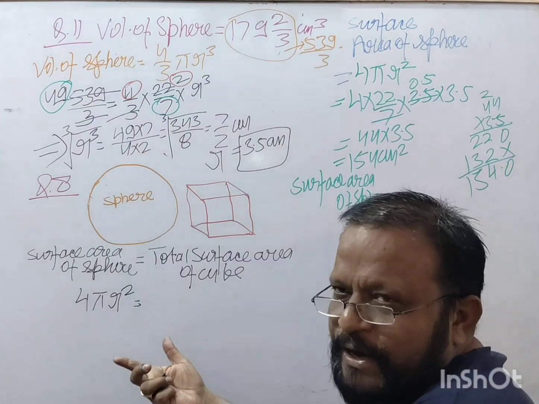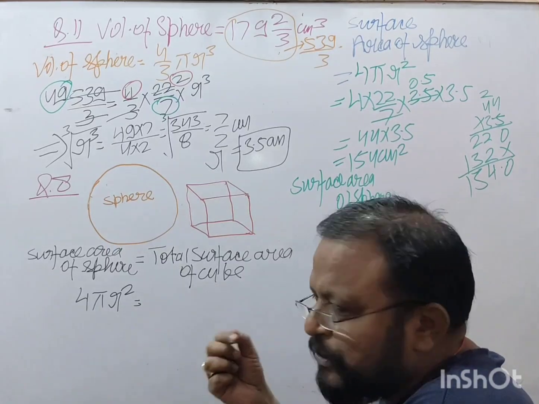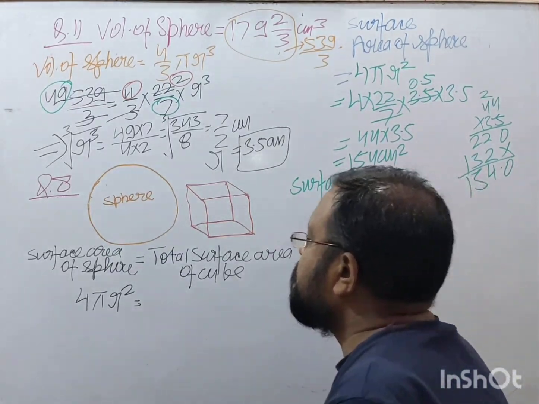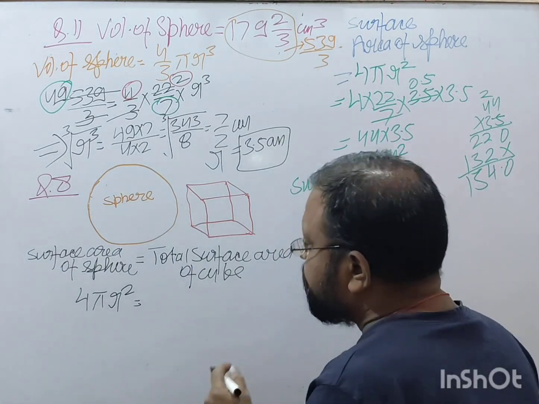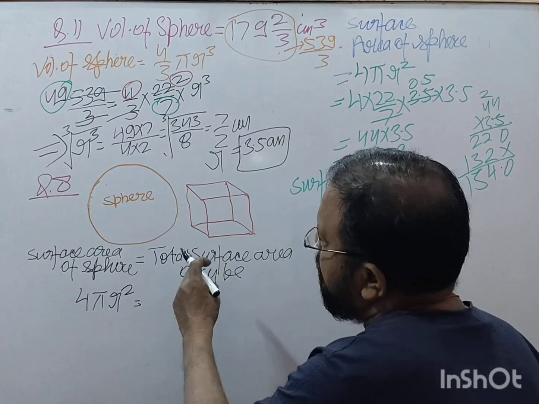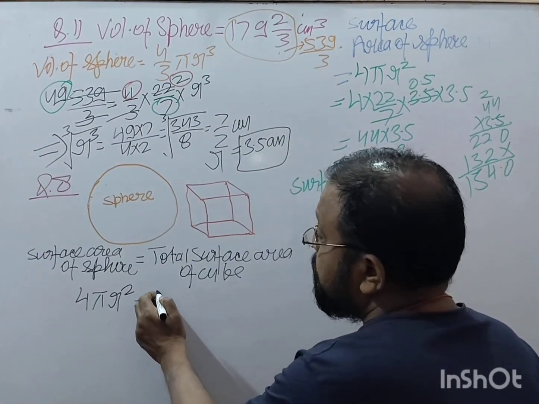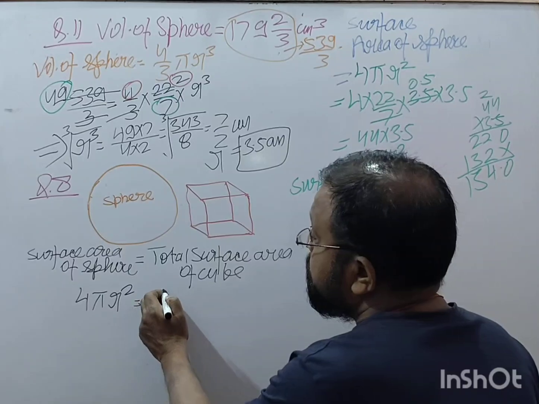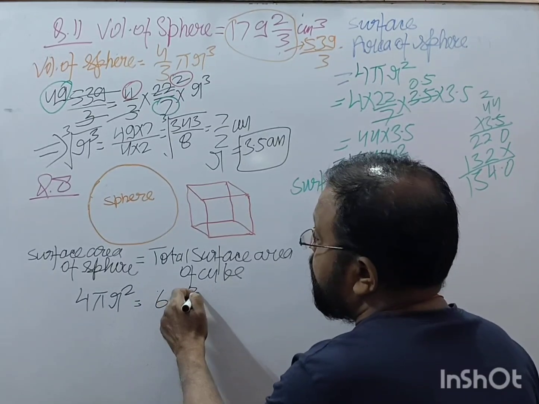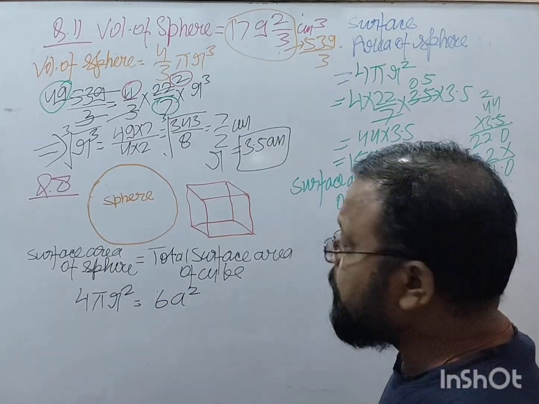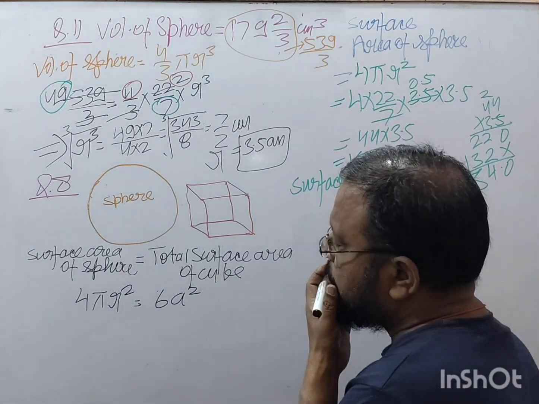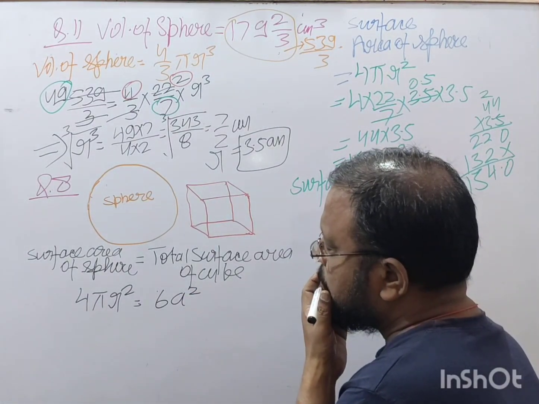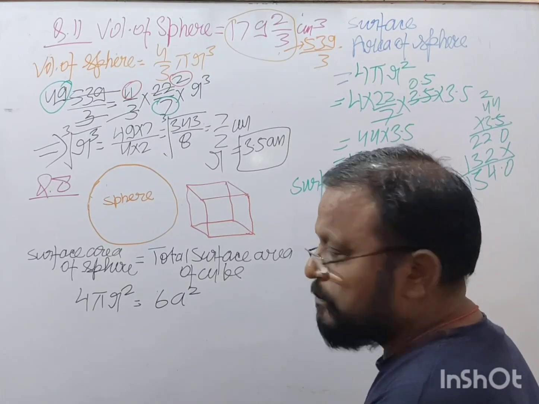So obviously for that we have to find the ratio of their radiuses. So this is radius, and this is 6a square. Getting? So how much you get?